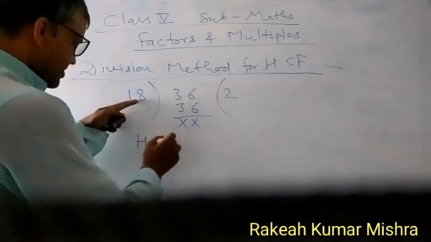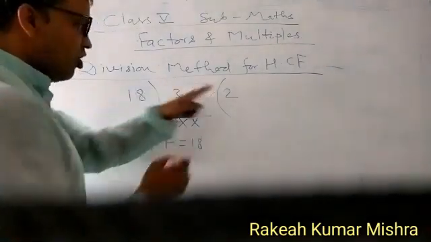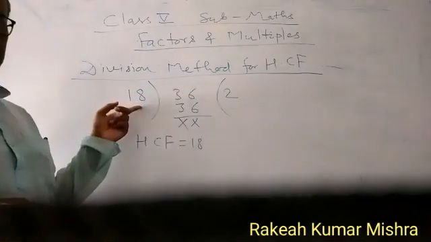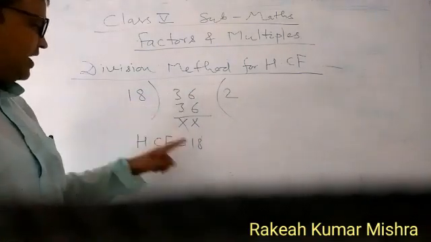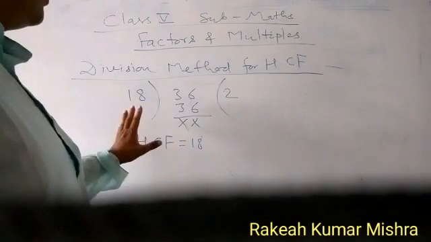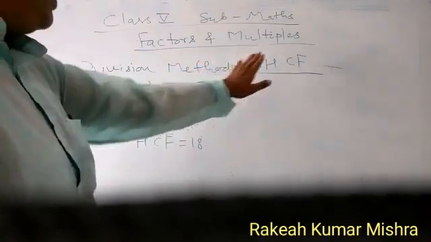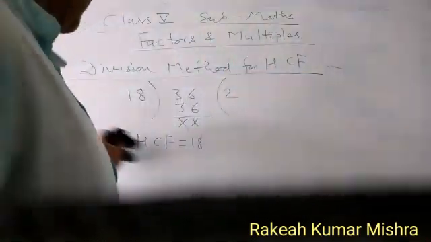So this divisor is HCF, not this. This is the division method for finding HCF.